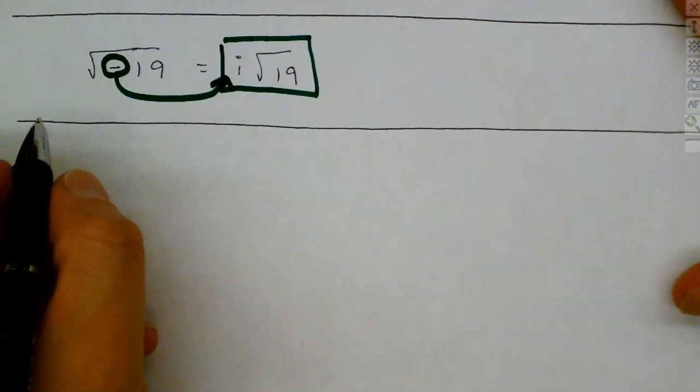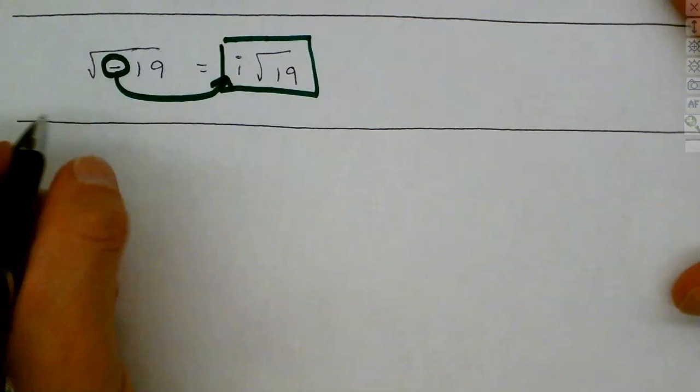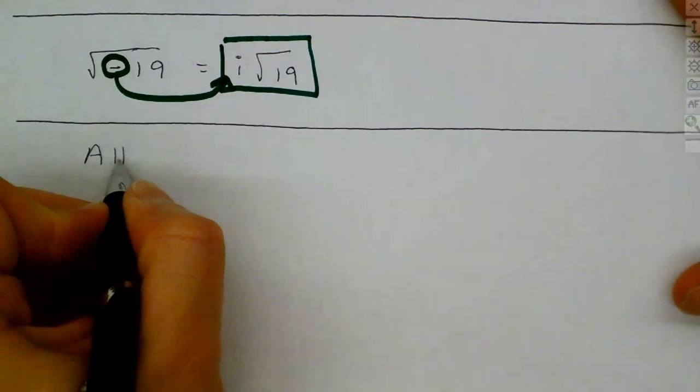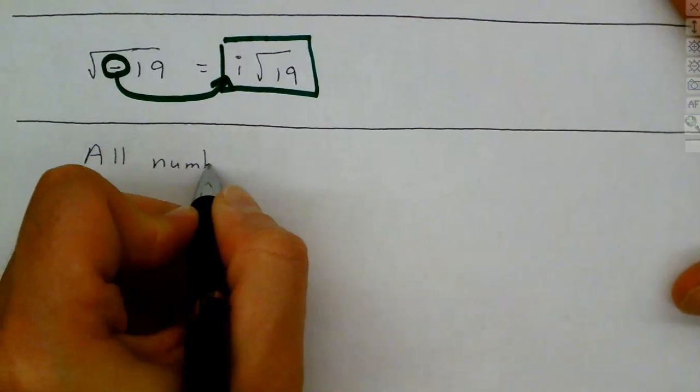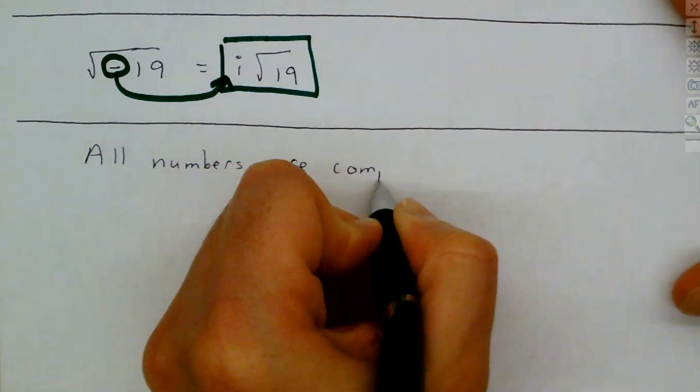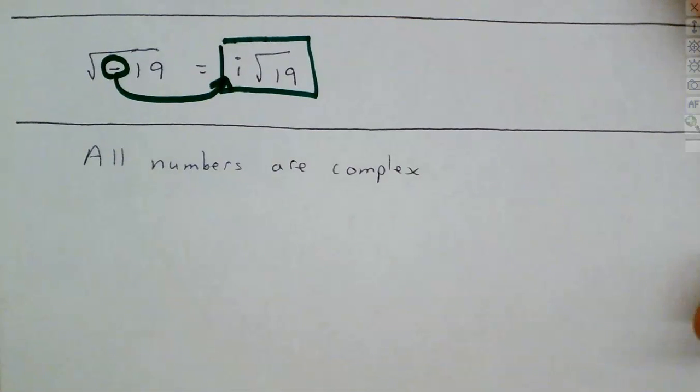And complex numbers are all the numbers. So complex numbers are everything. So all numbers are complex. Now, when we classify numbers, we classify them kind of like a botanist would classify plants. When a botanist classifies plants, all plants are plants, right?